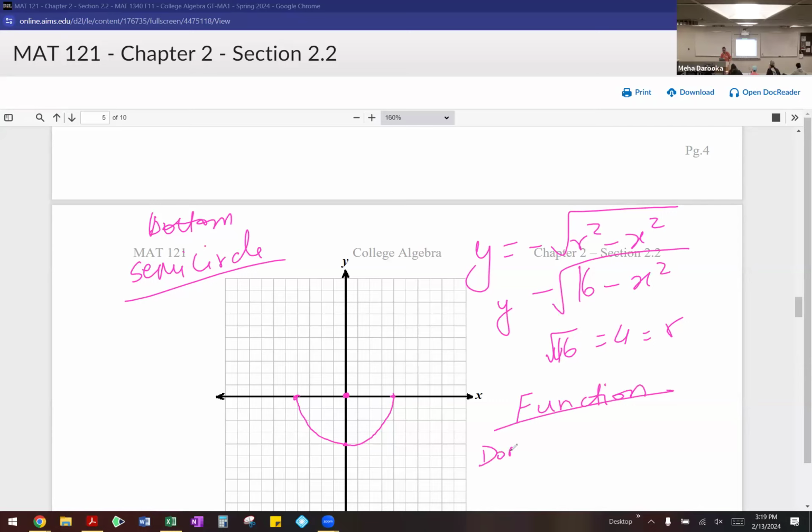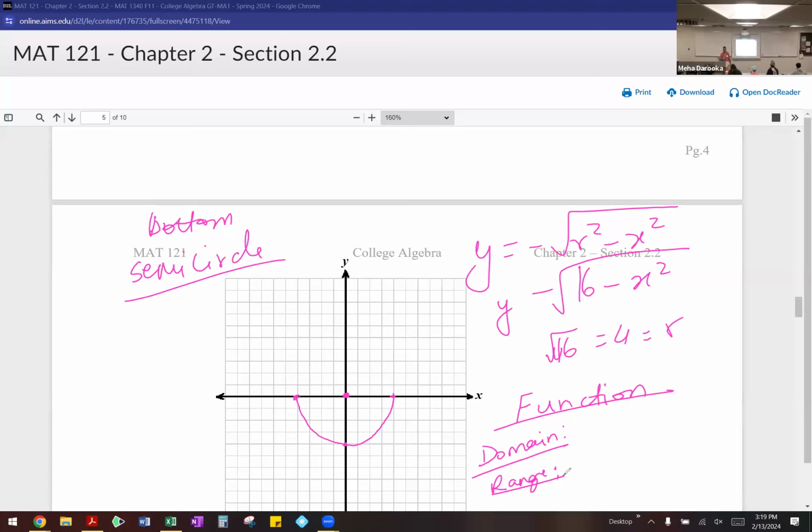Alrighty, and then let's talk about domain. Now remember, again, I said you do not have arms with arrows on them. So this is not something like a parabola that just keeps going. This is it. This is your graph. So based on that, what is your domain? What is your range? Domain is the x values, range is the y values.